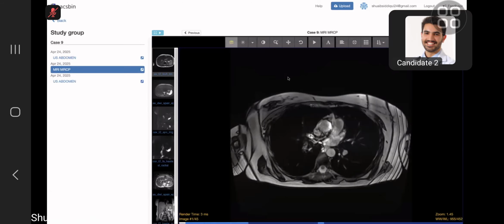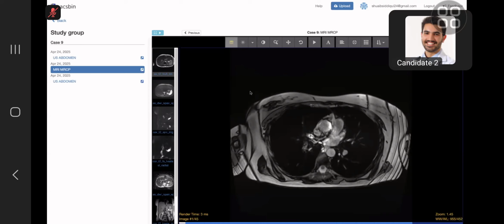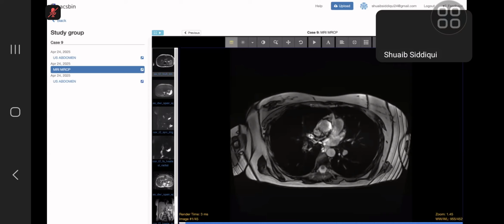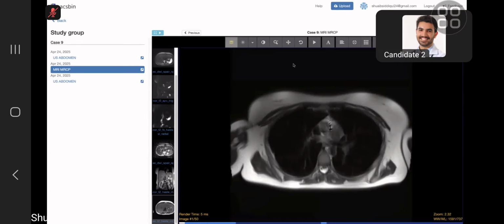Is there a particular sequence you'd like to look at? Yeah, the axial T2 first. So we have a T2 HASTE, which we can look at.